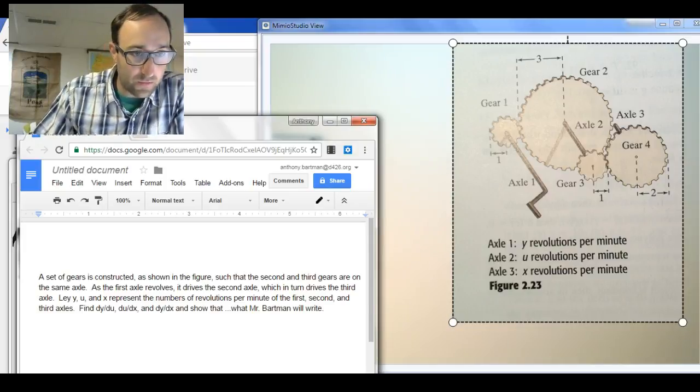Alright, so let y, u, and x represent the numbers of revolutions per minute of the first, second, and third axles.